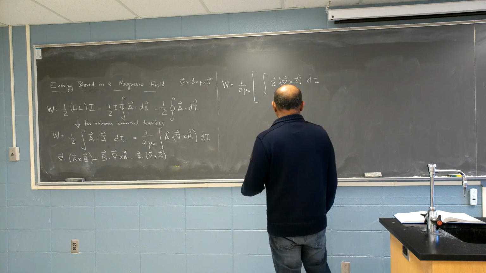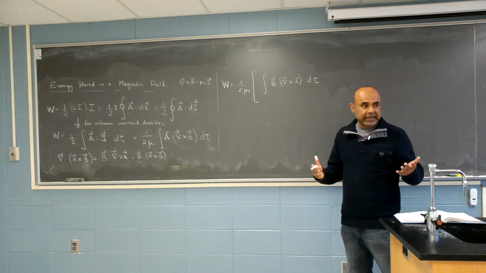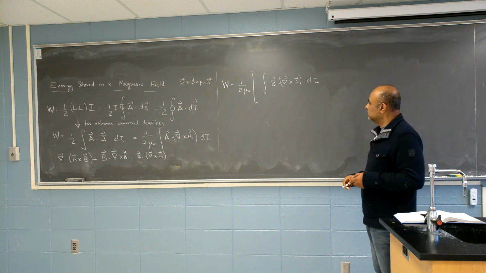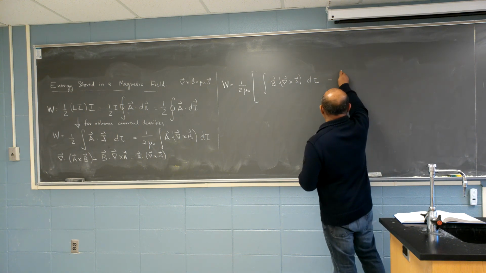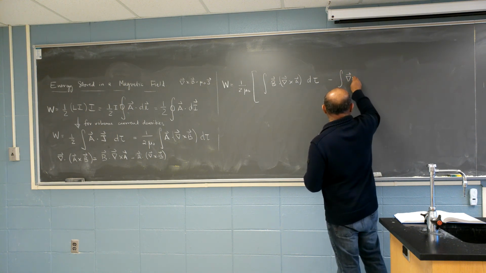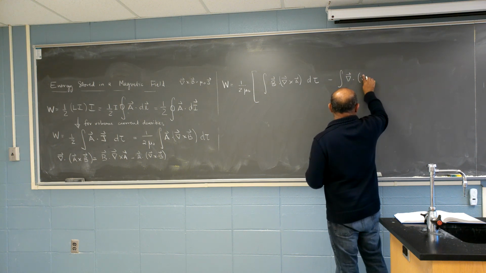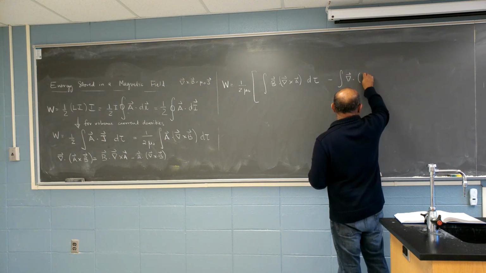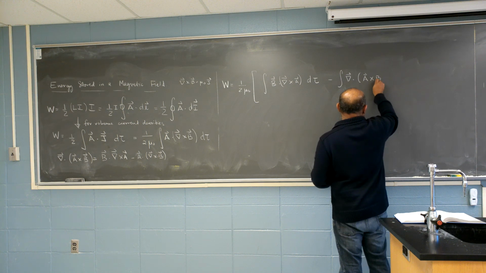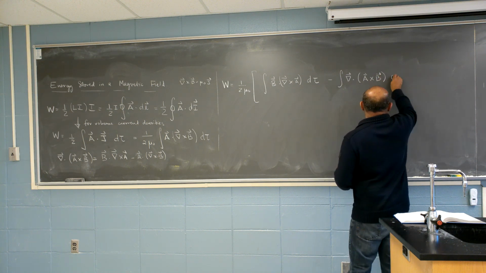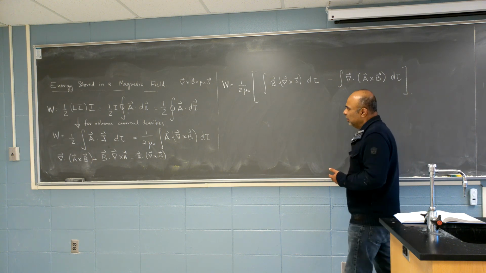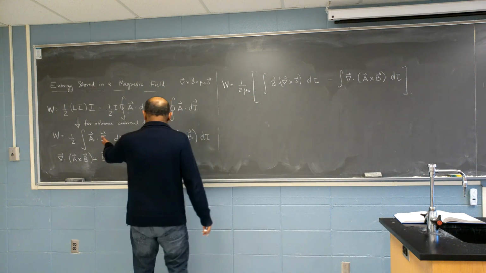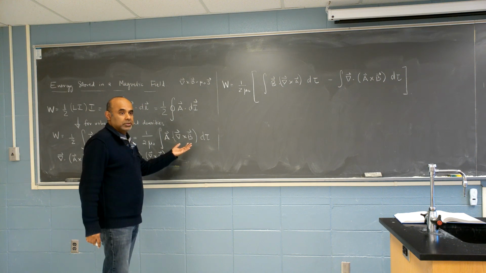This is over wherever there's B and A, right? Minus divergence of A cross B. Of course, this is a place only where J is non-zero.